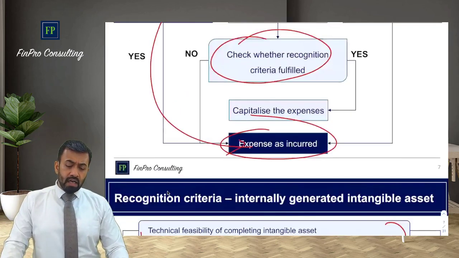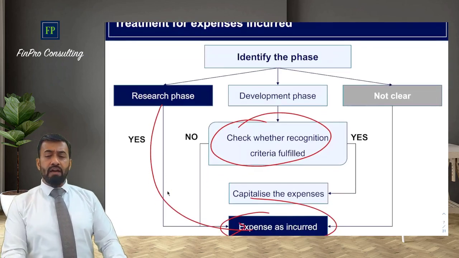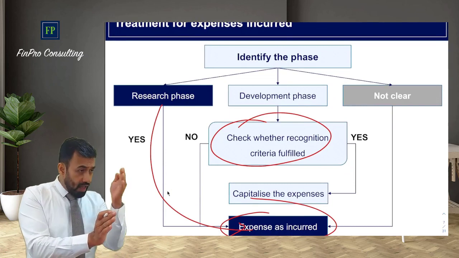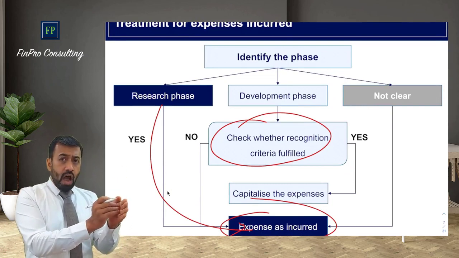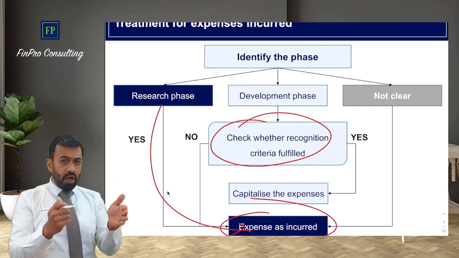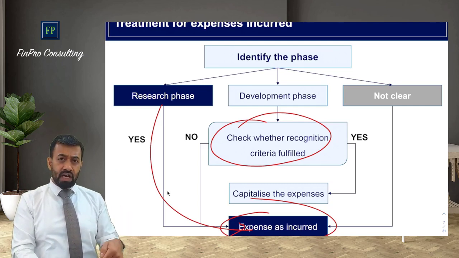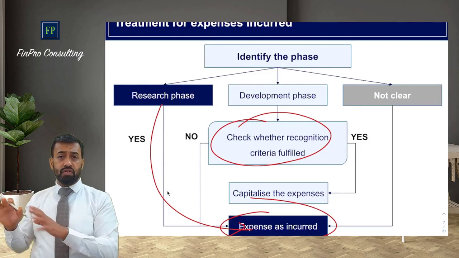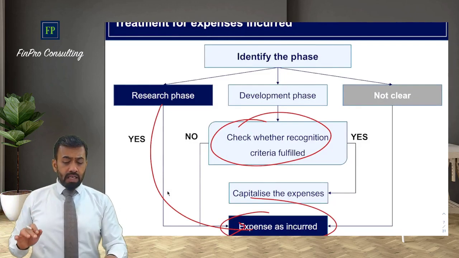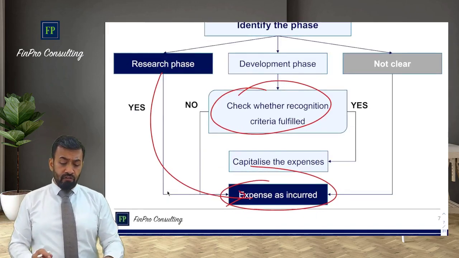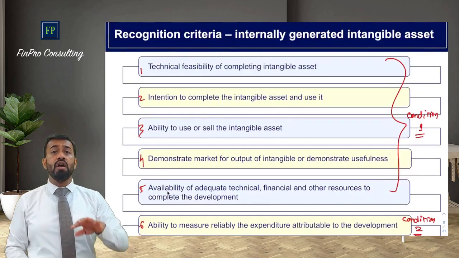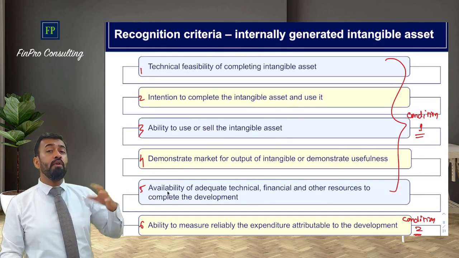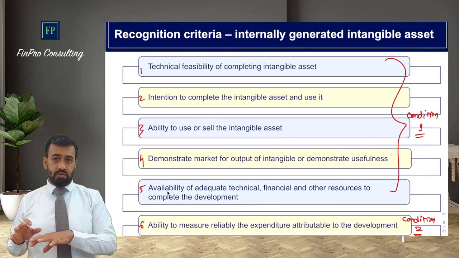If these criteria are satisfied, then you can capitalize from that point; expenses incurred subsequent to the point of satisfying these conditions may become eligible for capitalization. Otherwise, all expenses incurred before satisfying these conditions will be expensed out. Once expensed out, these cannot be recouped for capitalization.